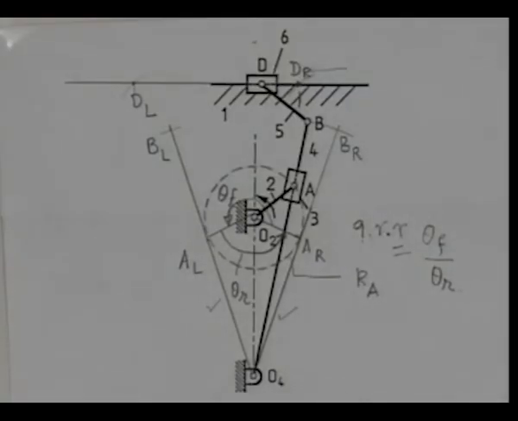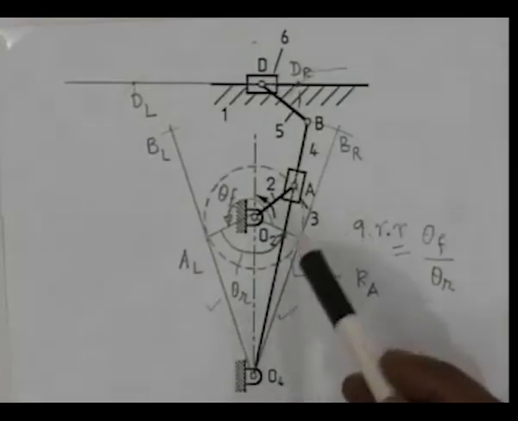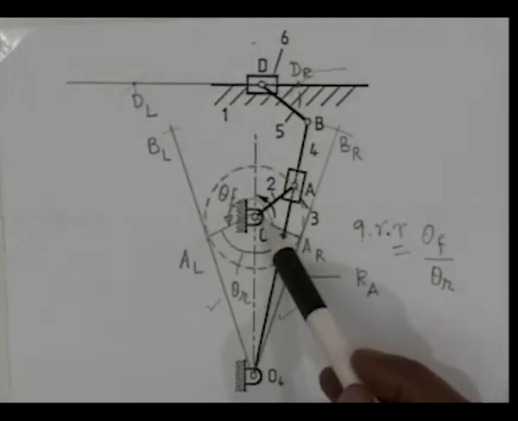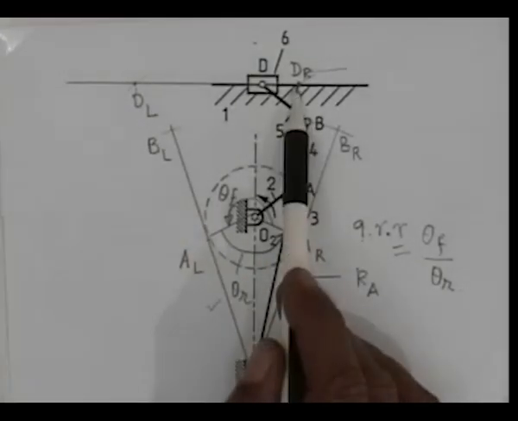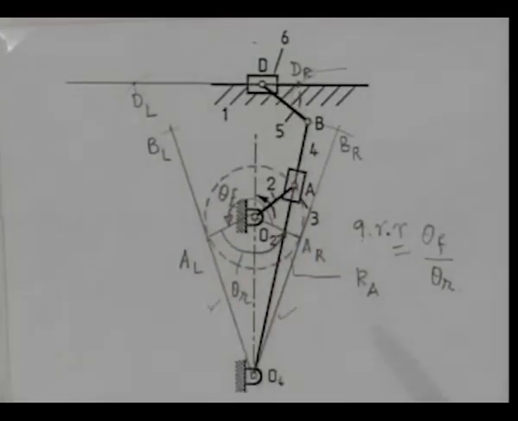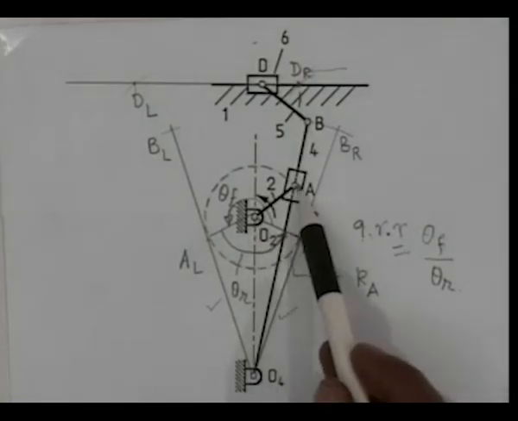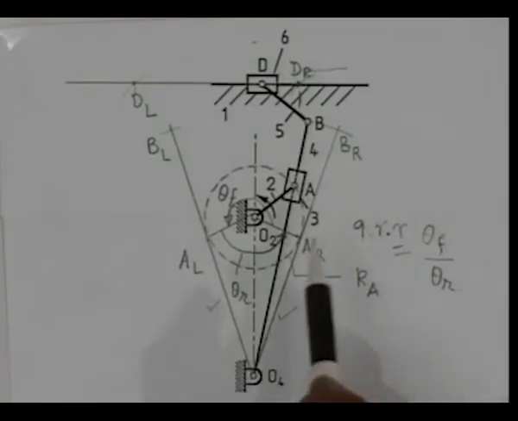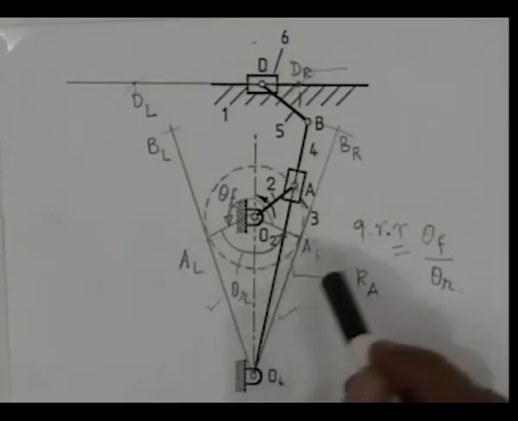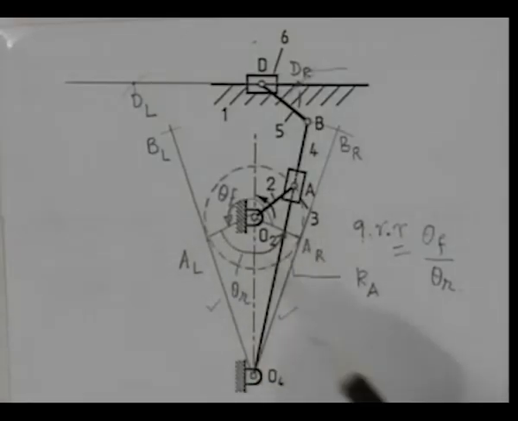We can also note that if the stroke length dR dL has to be decreased, then I have to change the length O2A. And as we decrease the length O2A, the distance dR dL will change, that is, the stroke length of the tool will be decreased. However, as we decrease the radius O2A, then the tangent from O4 to this circle, that is these points AR and AL, move upward, and the angles theta F and theta R both tend to the value 180 degrees.